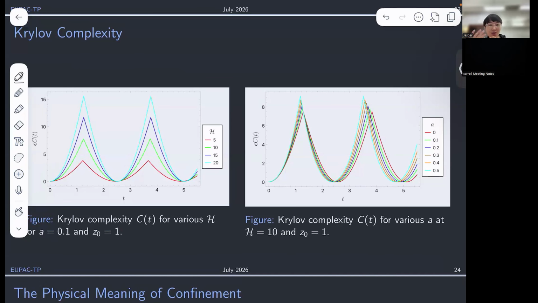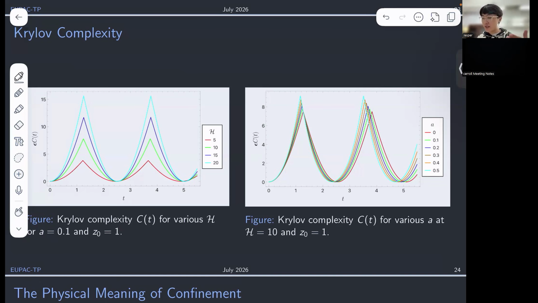We can see that it's oscillatory, as we expect from before. And with our deformation parameter A, our complexity changes very slightly for a fixed energy level.